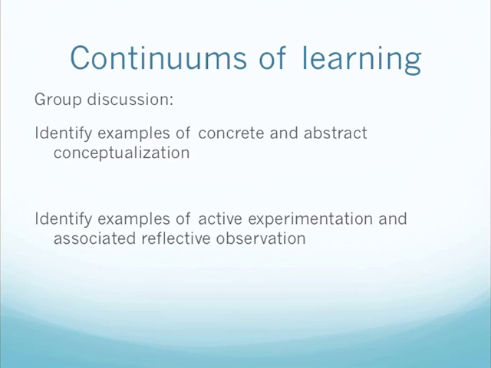I'd also like you to take a moment to look at active experimentation and reflective observation. An example that I've posed here is related to sterile technique, because that's something that we use a tremendous amount in nursing. Practicing sterile technique, learning the basics of sterile technique, how to put on gloves, how to change a dressing, that's core for our students.